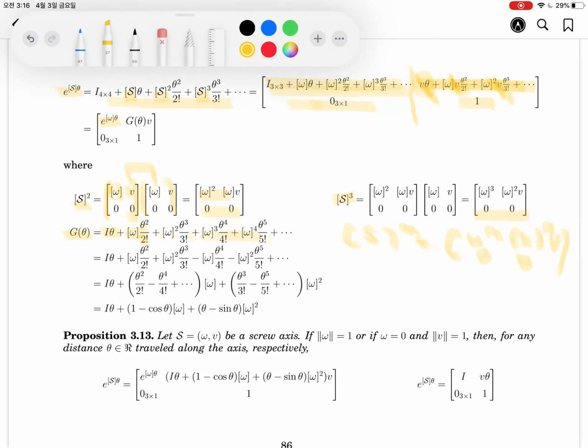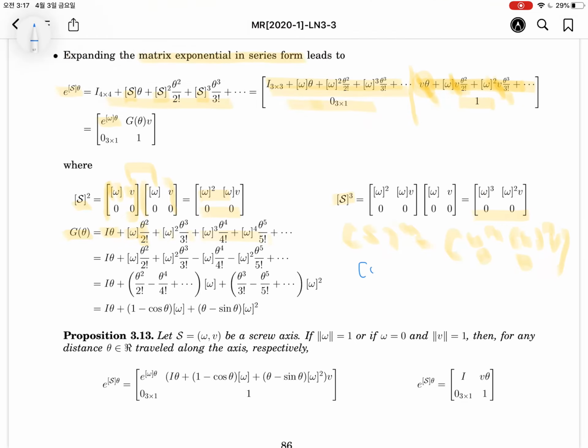Here, you know that in the previous lectures, omega cubed will be minus omega, omega to the fourth order will be minus omega squared, and omega to the fifth order will be omega. So this will be applied here. This is equal to minus omega, this is equal to minus omega squared. Let's collect this one and this one. Then we have this equation.